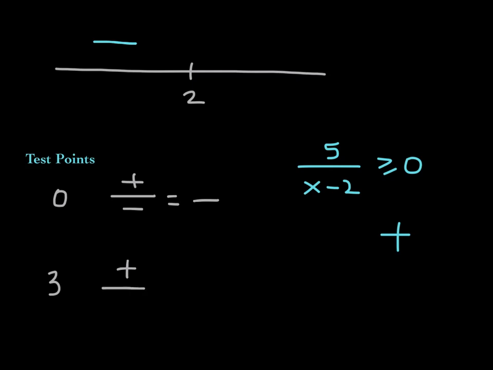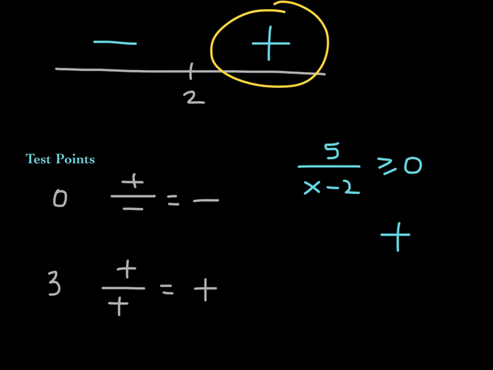The denominator, when you plug in 3, you get something positive. A positive divided by a positive, we know, is positive. So remember that you and I are looking for when this rational expression is greater than or equal to 0, which means above the x-axis, which means when is it positive? It is positive right here, right?